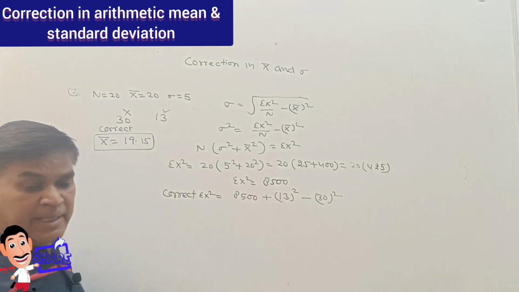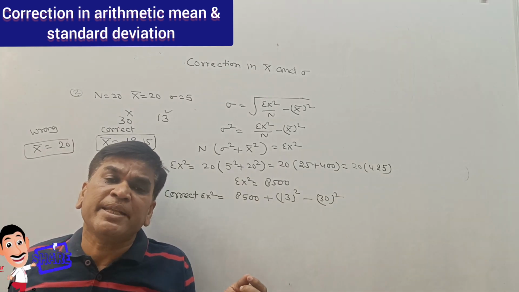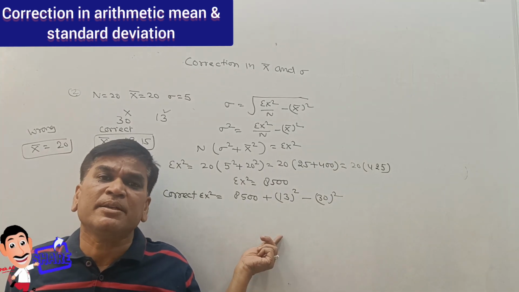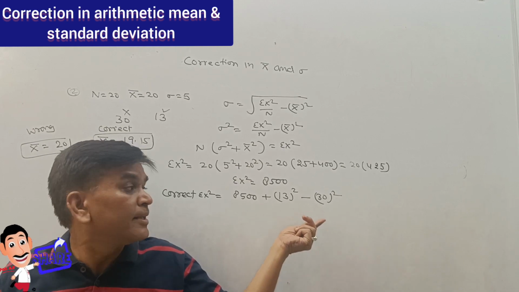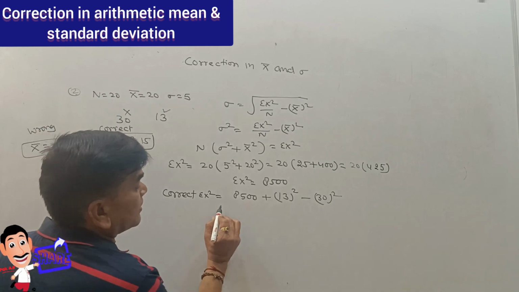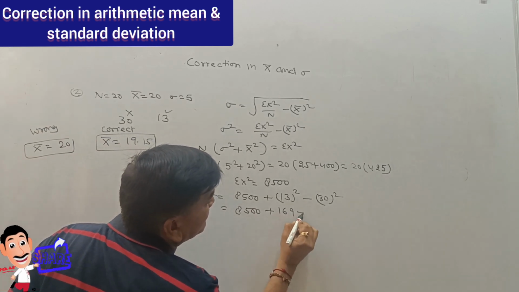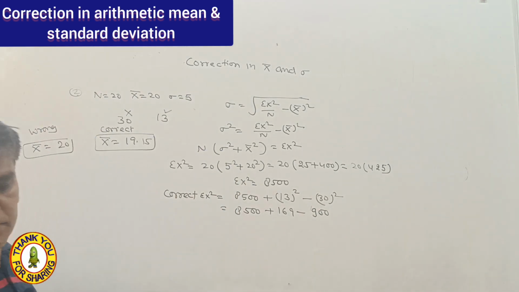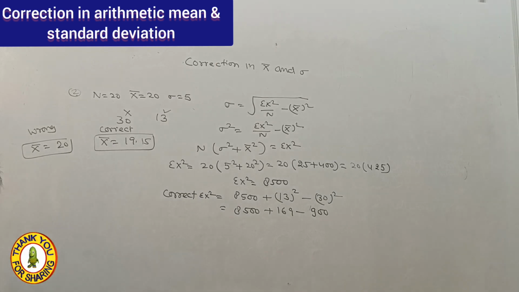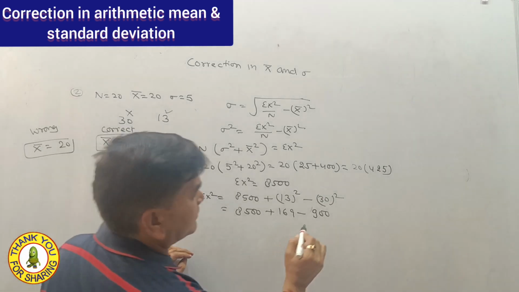To get the correct value of sigma x square, what are we doing? We are adding the square of the correct value and subtracting the square of the wrong value which was misread. So the correct sigma x square is 8500 plus 169 minus 900, that is 7769.